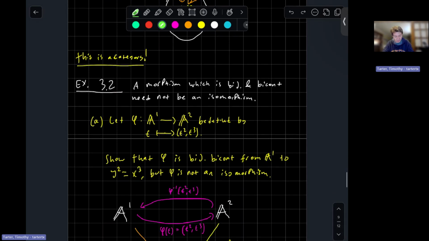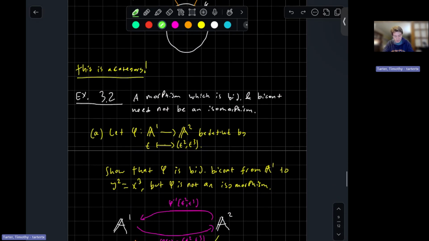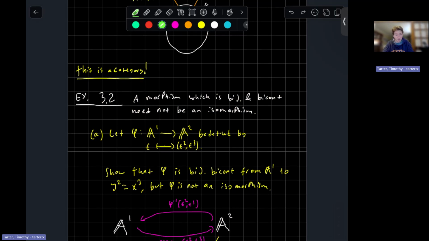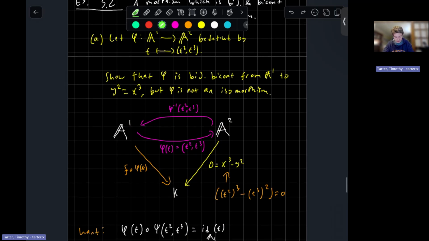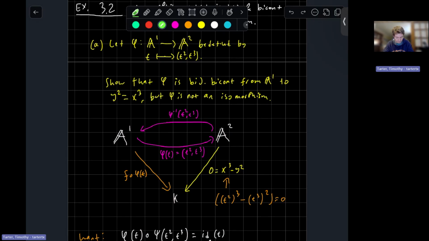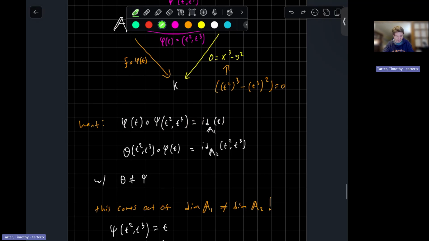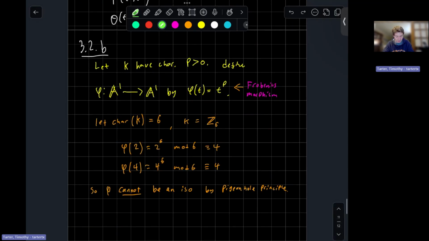Our two examples of morphisms which were bijective and bicontinuous but weren't isomorphisms were the twisted cubic, which we showed was not an isomorphism because of dimensionality, and the Frobenius morphism, which couldn't be an isomorphism because we had different dimensions of images.